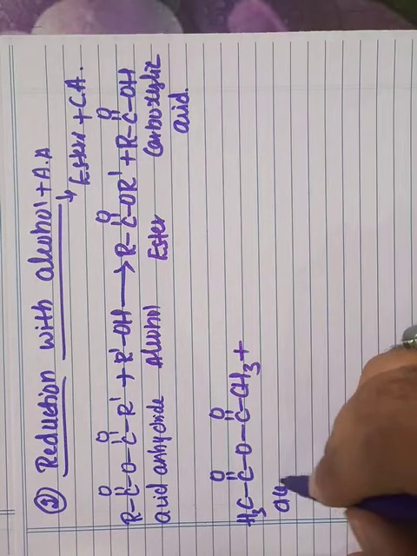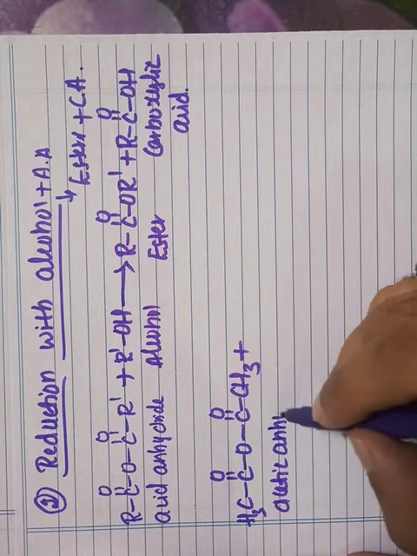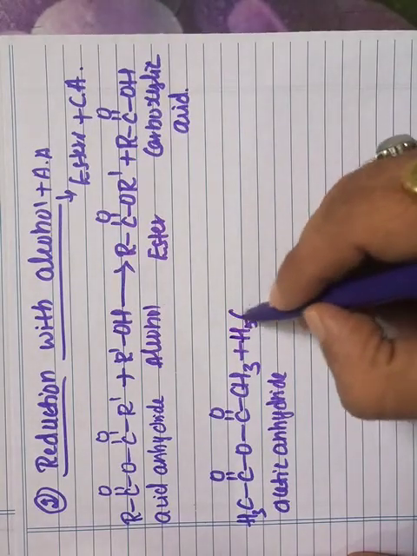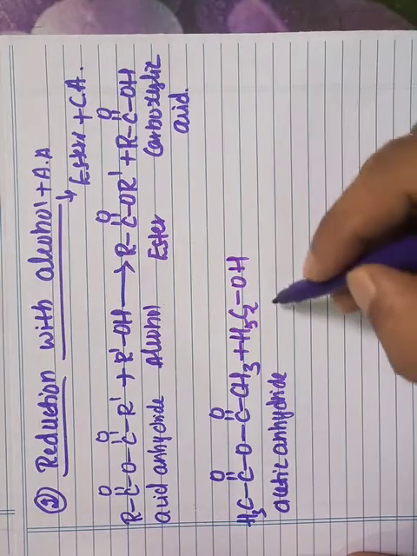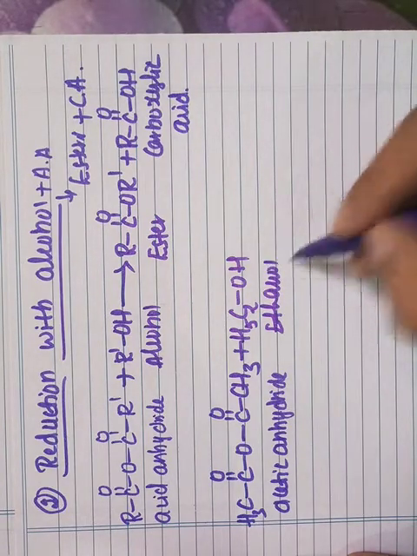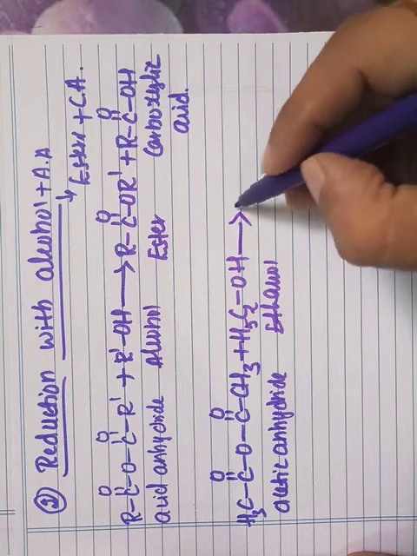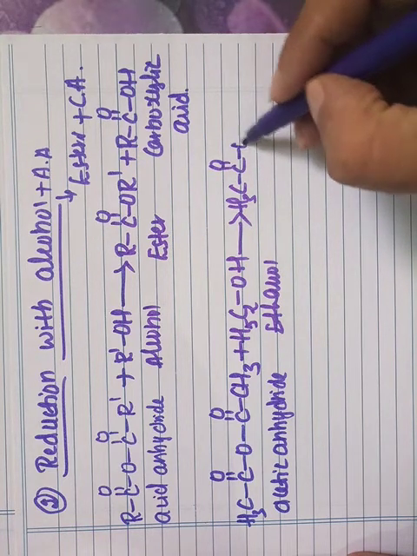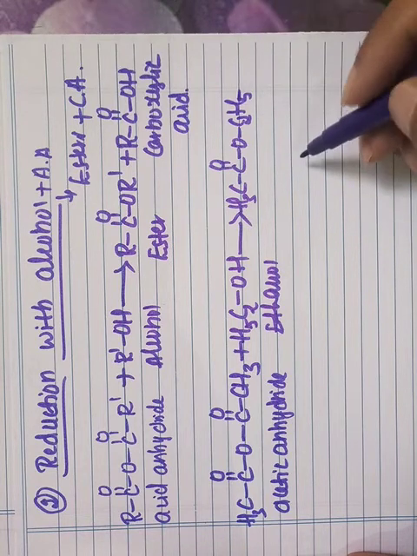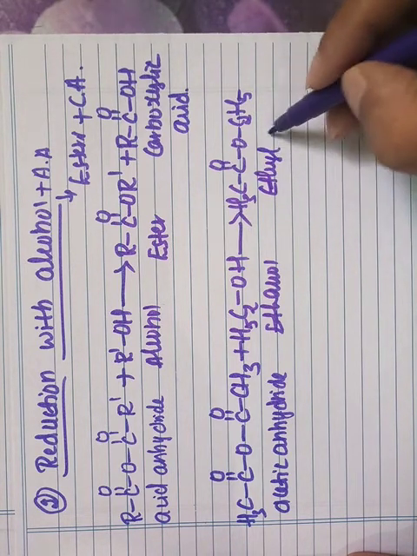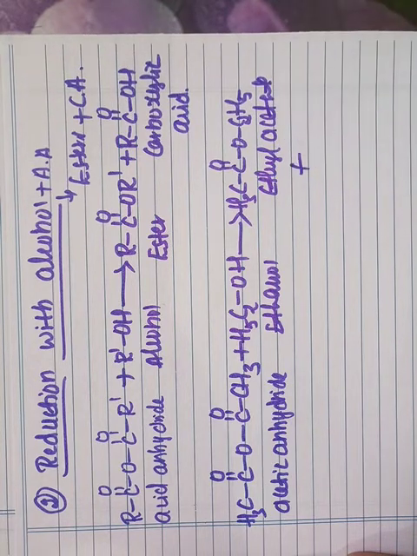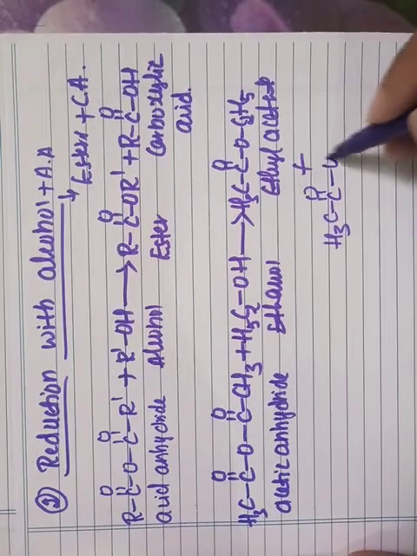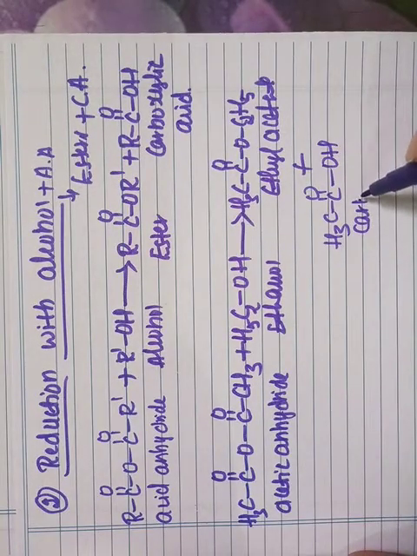So this is acetic anhydride, plus ethanol, ethyl alcohol, C2H5OH. It forms ethyl acetate, an ester, plus a carboxylic acid, that is acetic acid.